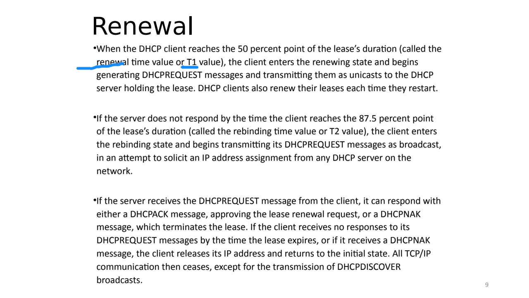If the client receives no response by the time the lease expires, or if it receives a negative acknowledge, the client releases its IP address and returns to the initial state. All TCP/IP communication then ceases. If you have internet access, it will be disabled. You will not have access to the network.